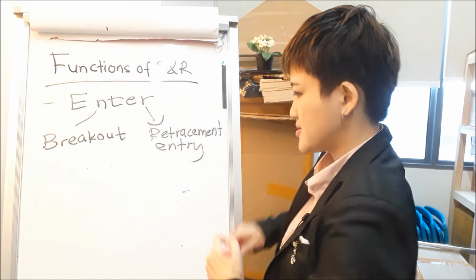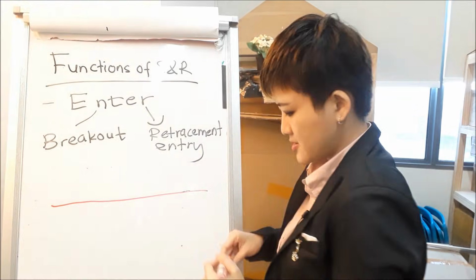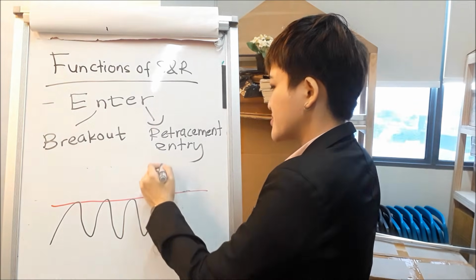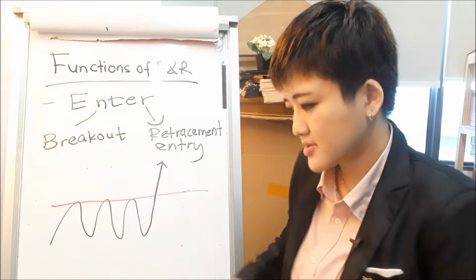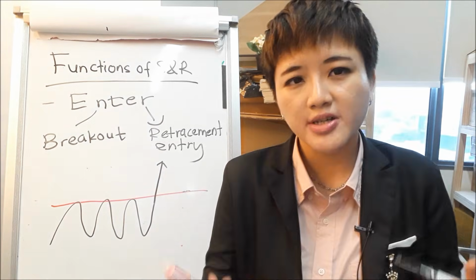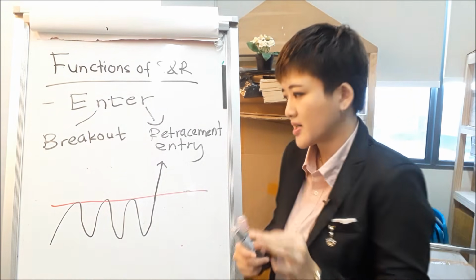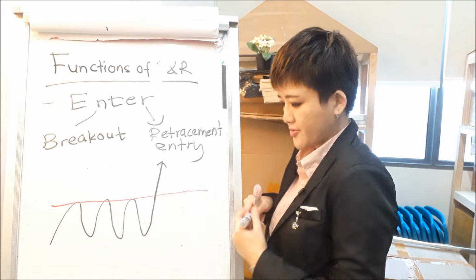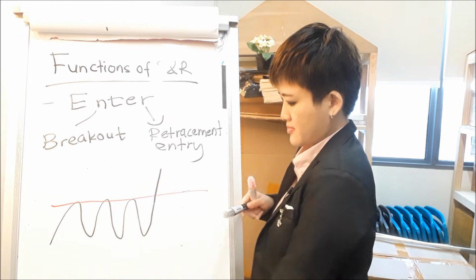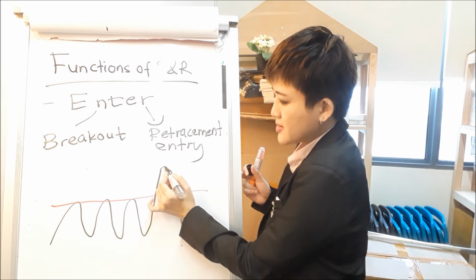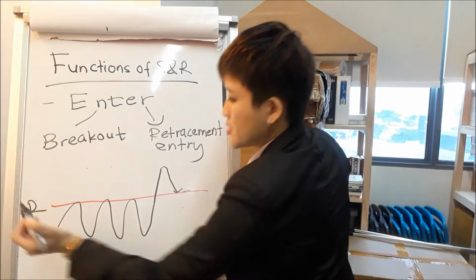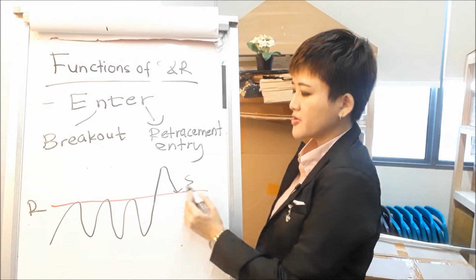So another way that you can enter on a retracement is you combine these two together. So how do you do that? Let's say you have a resistance. Let's say price bounces off, breaks this resistance, and then normally after a breakout, sometimes you see that the price will U-turn and come back down, and test this resistance, which became support over here.